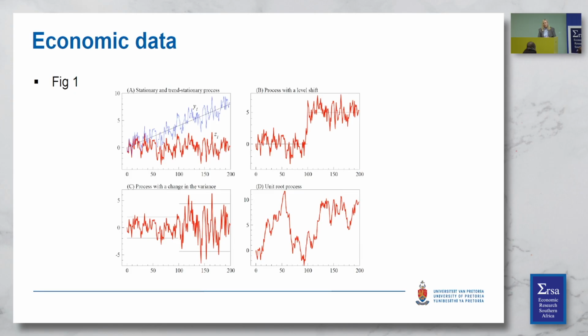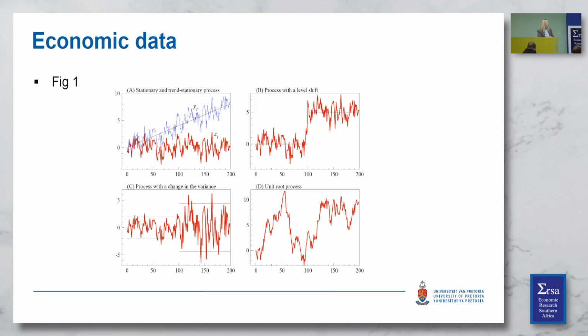If you look at the data that you have been working with, it comes in all shapes and forms. Some will be like this, like growth rates, inflation rates, maybe not even. Ratios maybe can stay pretty constant, like savings rate or government expenditure, but even those sometimes have a downward or an upward trend.